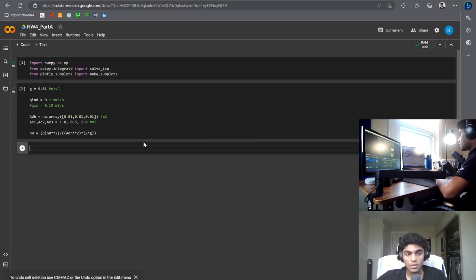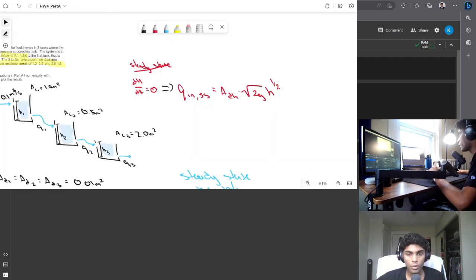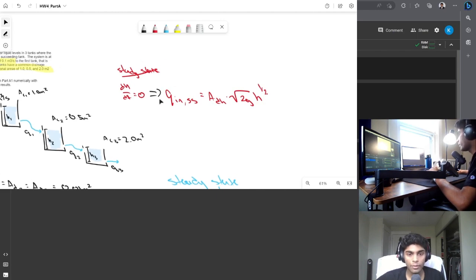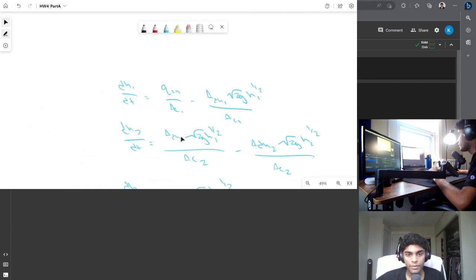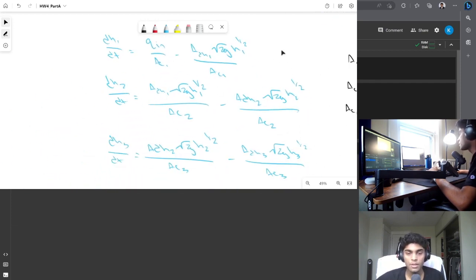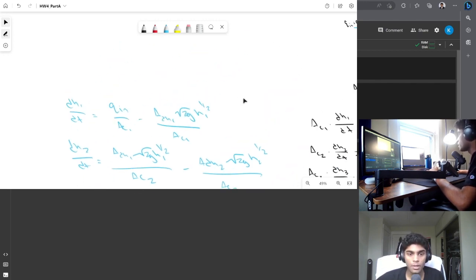So now with this, let's write down our functions and use solve IVP to get our values. If we take a look at the whiteboard, we see that we have this equation for flow, and each of these values is basically a flow for the first tank, a flow for the second tank, a flow for the third tank.